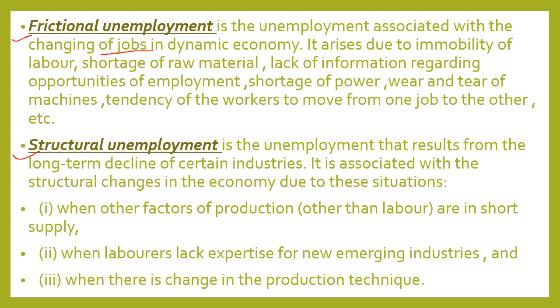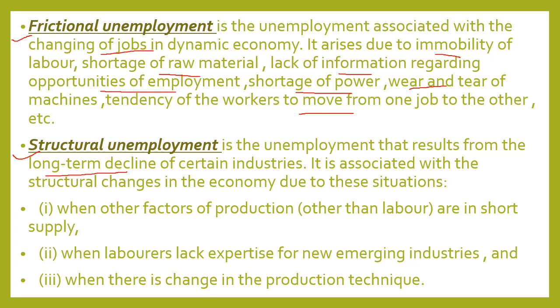It arises due to immobility of labor, shortage of raw material, lack of information regarding opportunities of employment, shortage of power, wear and tear of machines, tendency of workers to move from one job to other. So whenever there is a short unemployment in the economy due to many reasons, that is known as frictional unemployment. Now, the second one is structural unemployment. This is the unemployment that results from the long-term decline of certain industries.